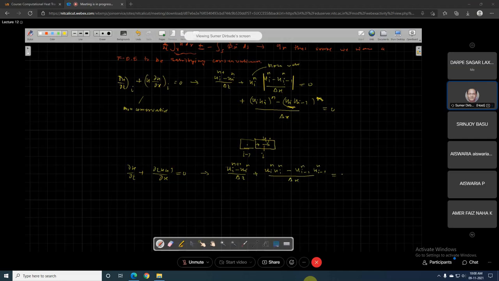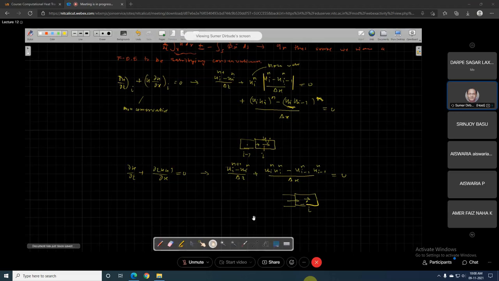Now you see that for I, ui is the flux, and the information is coming from I minus 1. So now this is conservative. It shows a conservative property.